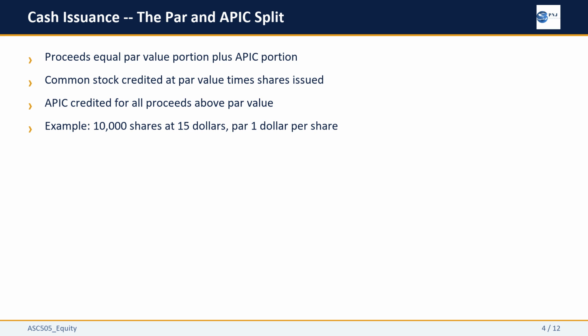The rule is simple. Par value times shares issued goes to the common stock account, and everything above par goes to APIC. This holds every time shares are issued for cash, regardless of the market price.